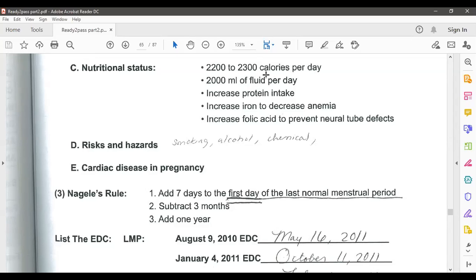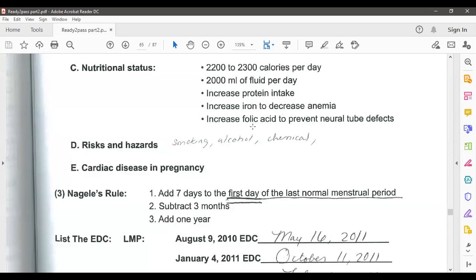So what about the fluid? The mother needs 2,000 milliliters of fluid per day, right? Increase the protein intake, increase the iron to decrease the anemia. It's called iron deficiency anemia.